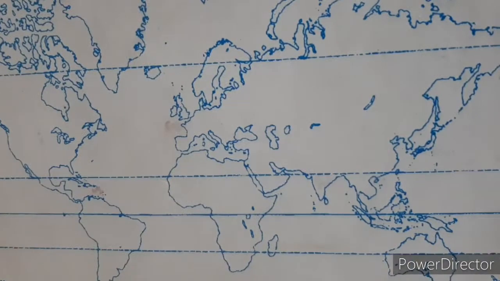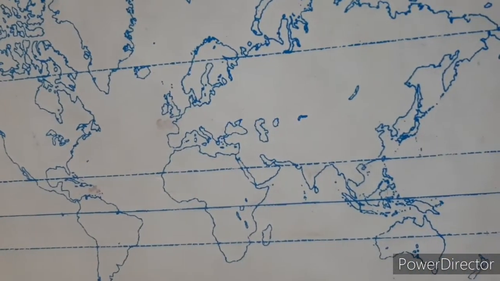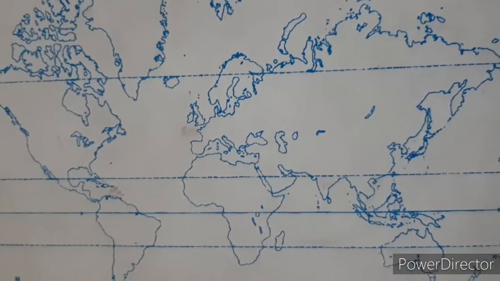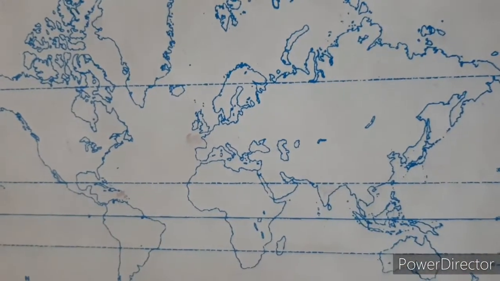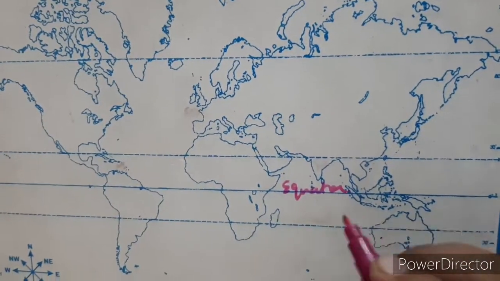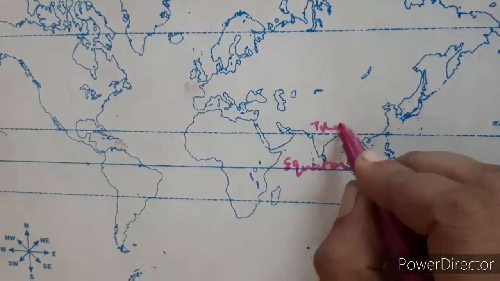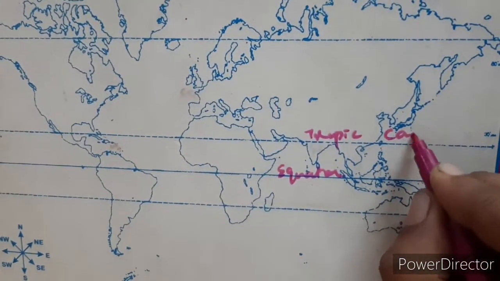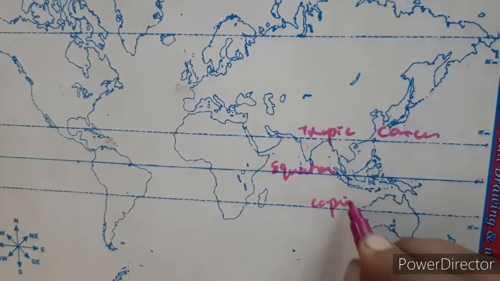Okay, India, at the world level, is located in the northern hemisphere. Actually, you know this one is the equator, isn't it? This one is the Tropic of Cancer and this one is the Tropic of Capricorn.